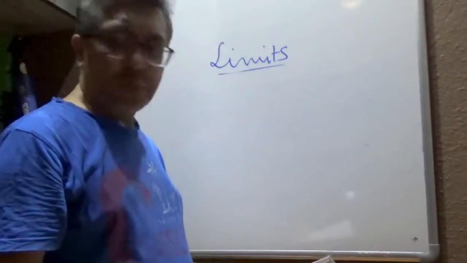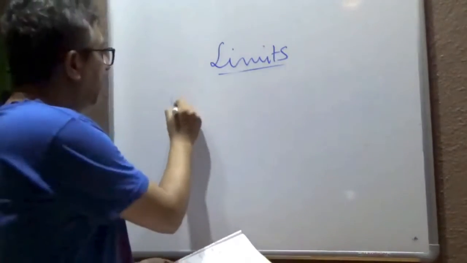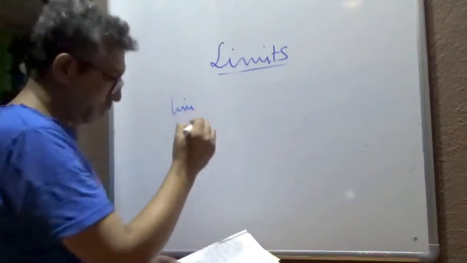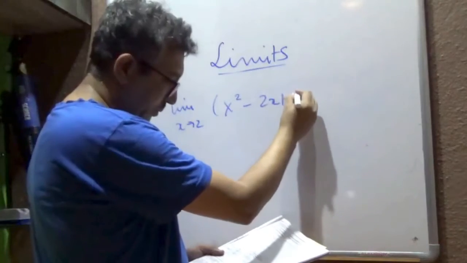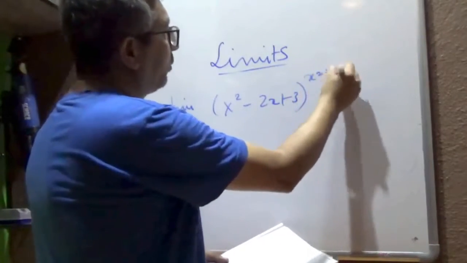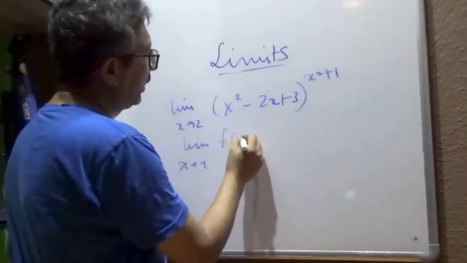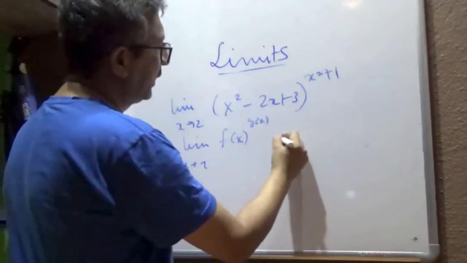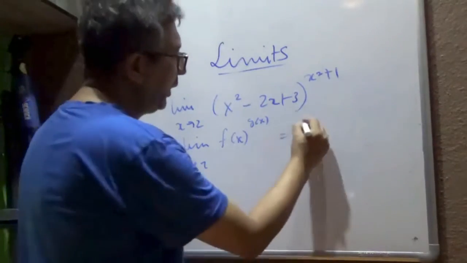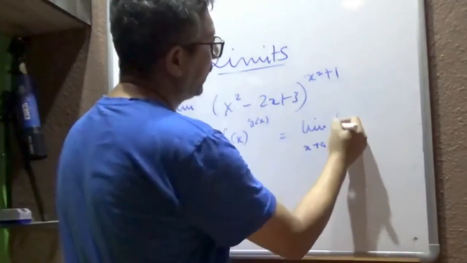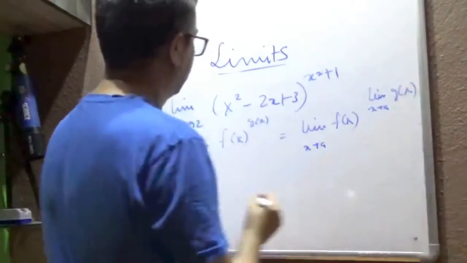So let's just do an example to see how it works. We will look into limit x tends to 2, (x square minus 2x plus 3) times (x square plus 1). So we know that limit x tends to a of f(x) g(x) is equal to limit x tends to a f(x) times limit x tends to a g(x).